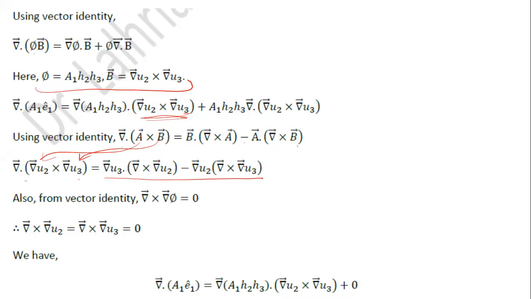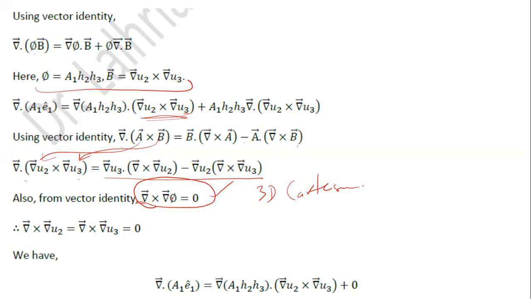u2 and u3 are scalar quantities. So from the vector identity, the curl of the gradient of any scalar quantity is always 0. This I think we have seen in the 3D Cartesian system. I don't know whether I have done the proof or not, but I think the mathematical steps are there in the notes provided to you, or otherwise you work out all these vector identities.